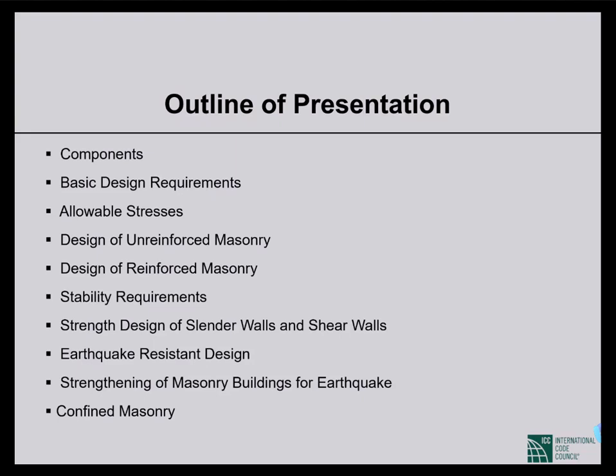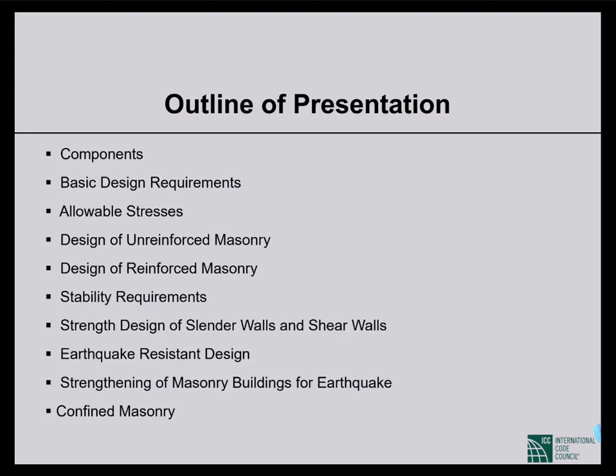There are some stability requirements like the height to width ratio of the building, and some restrictions on height and restrictions like the spacing of cross walls, thickness of cross walls, etc.